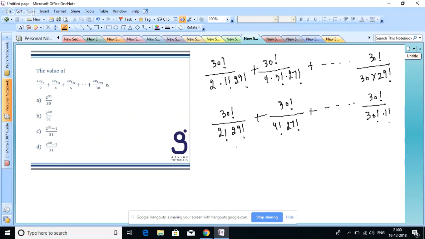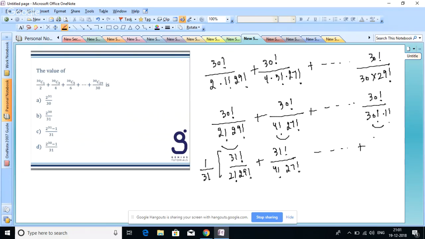Now if you see carefully, the sum of all these terms in the denominator will be 31. So we just multiply and divide by 31. So 1 by 31, this will be 31 factorial upon 2 factorial into 29 factorial, plus 31 factorial upon 4 factorial into 27 factorial and so on.